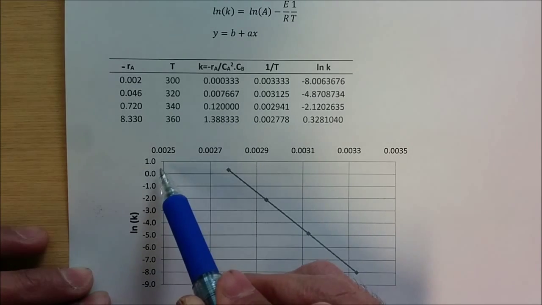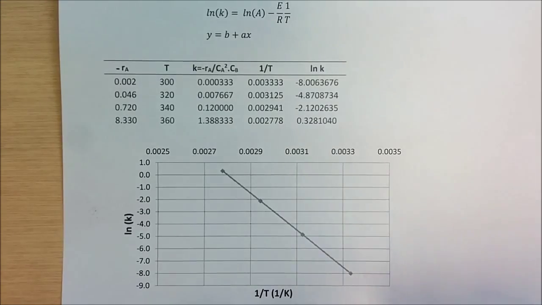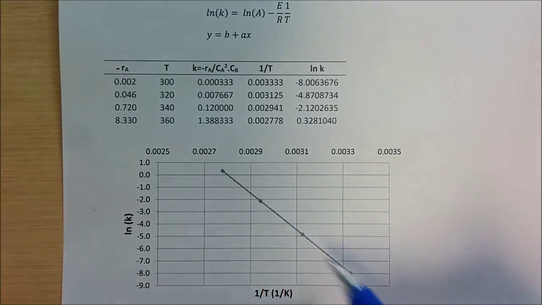If we plot it into this graph, for x it's going to be 1 over T, and for y ln k, we will have this line. If you look at the line, this is basically a perfectly linear plot.